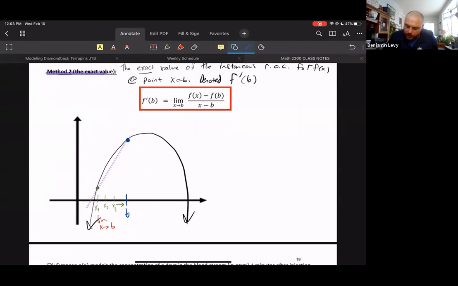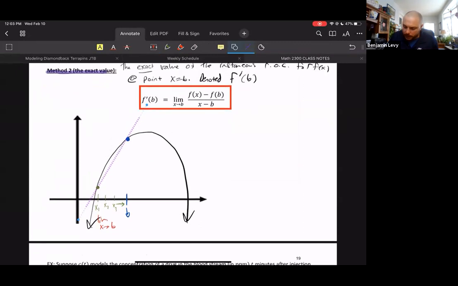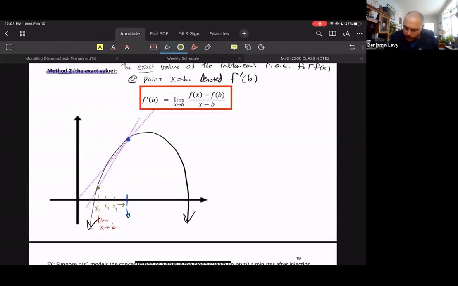It might be like connecting those two. And then as x gets closer and closer, the lines are just going to get closer and closer. So this one might be like x2. Maybe x3 is right here.